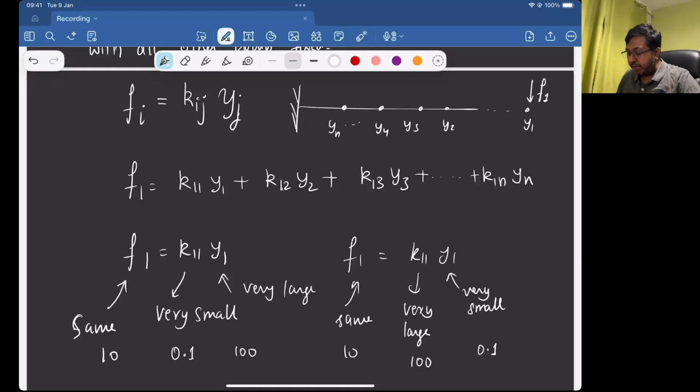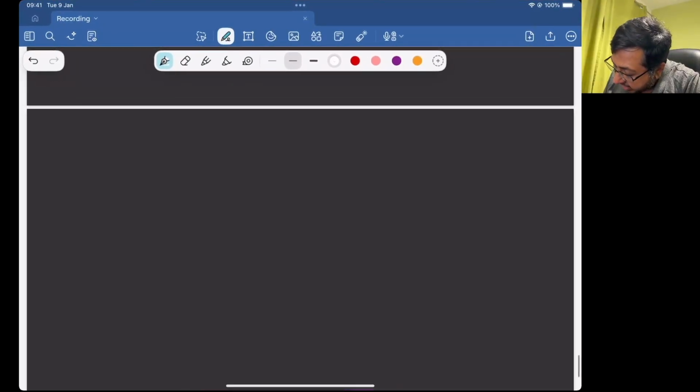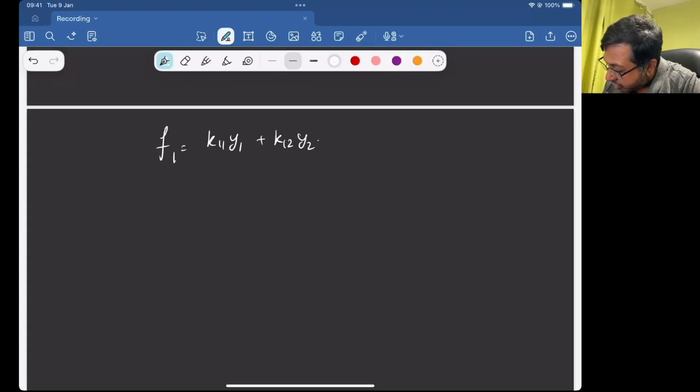Or in matrix equation, essentially we can write F1 equal to K11 into Y1 plus K12 into Y2 plus so on plus K1n into Yn. Similarly, I can write F2 equal to K21 into Y1 plus K22 into Y2 plus so on plus K2n into Yn.